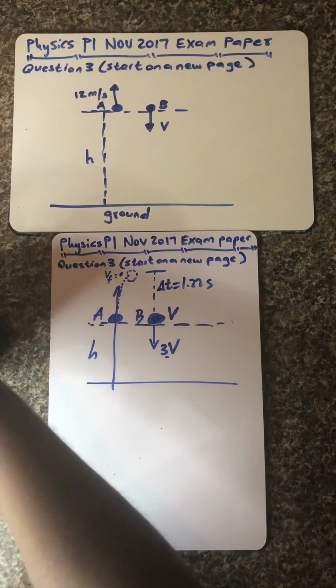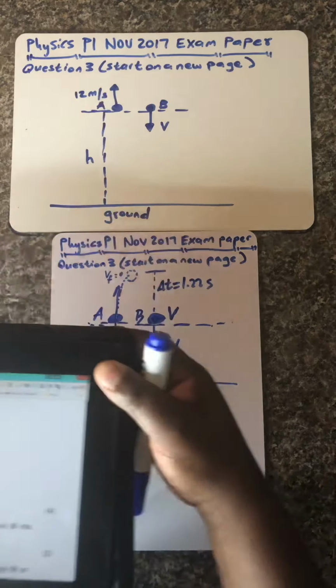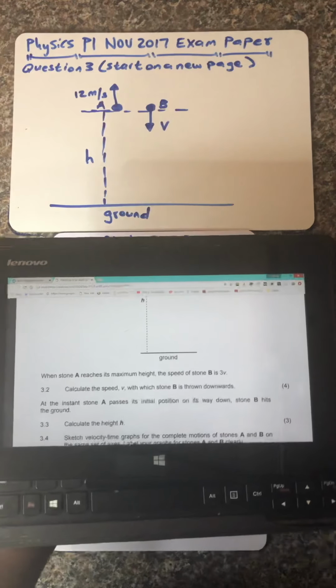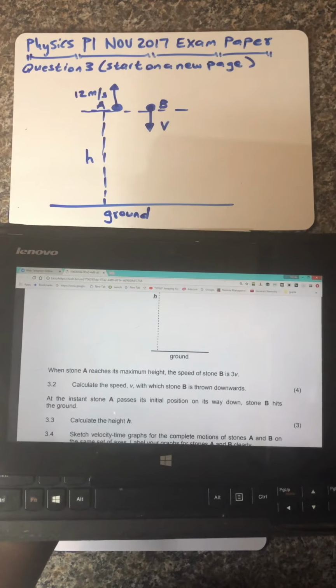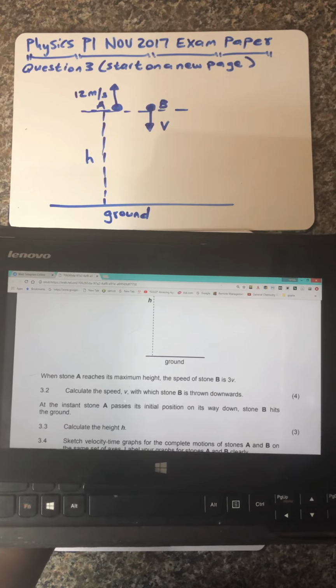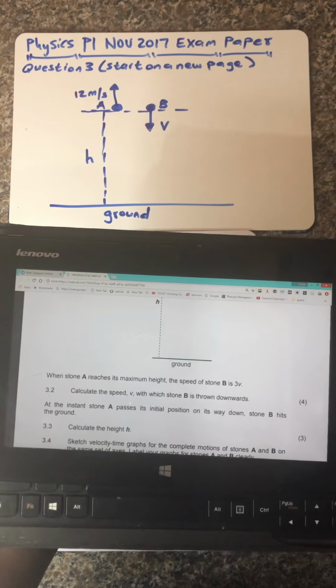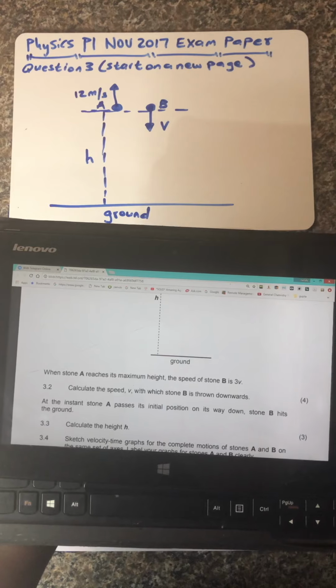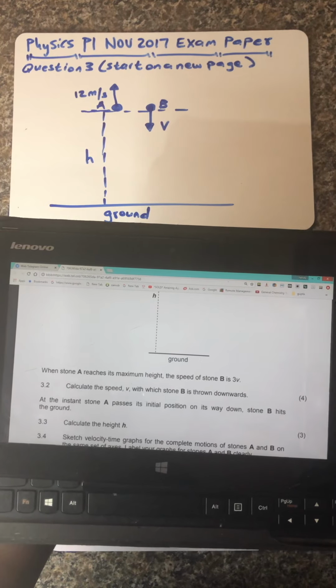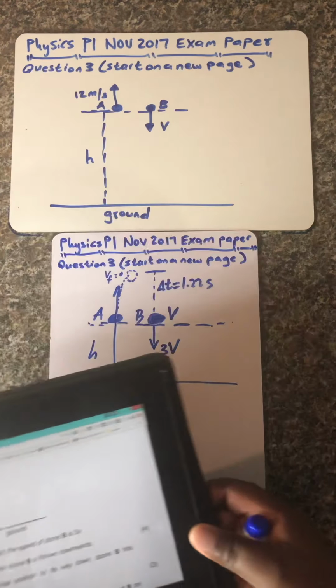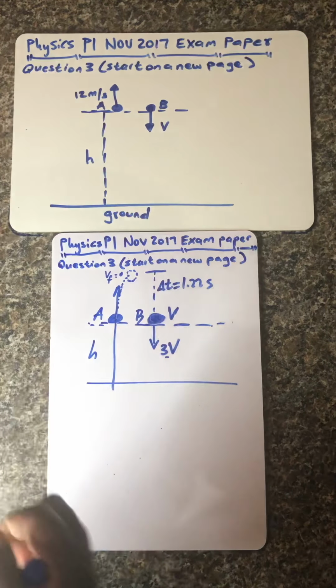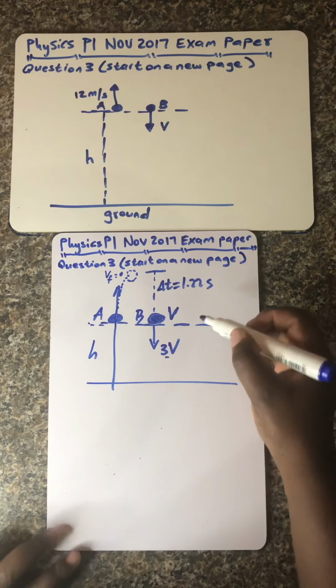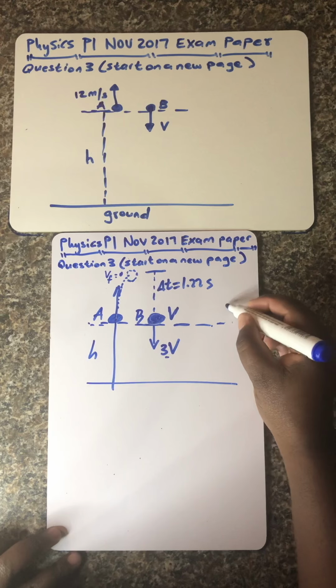So now let's check what the question says. I hope you can see. So the question says, calculate the speed, which is v, with which the stone B is thrown vertically downwards. So you can see, guys, they are saying calculate v.